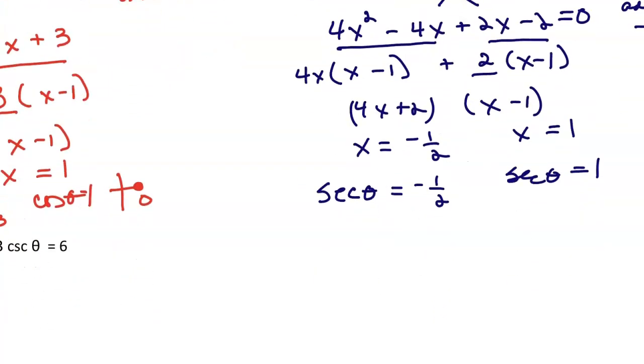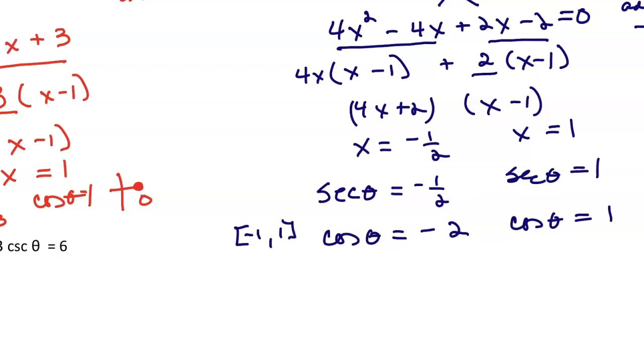Remember, secant is the reciprocal of cosine, so therefore cosine theta equals negative 2 when you flip it over, and cosine theta still equals 1 because 1 is just 1 over 1, and when you flip it, it's the same. Okay, so we know, just like sine, cosine cannot be less than negative 1. Its range is also negative 1 to 1 inclusive.